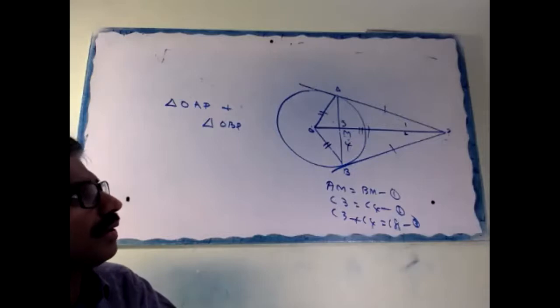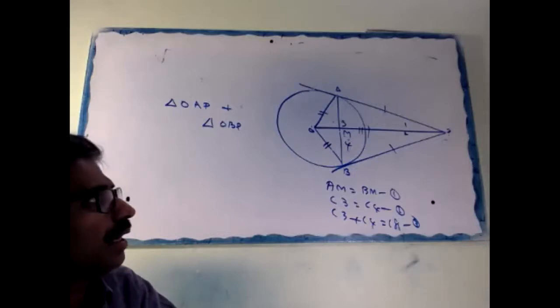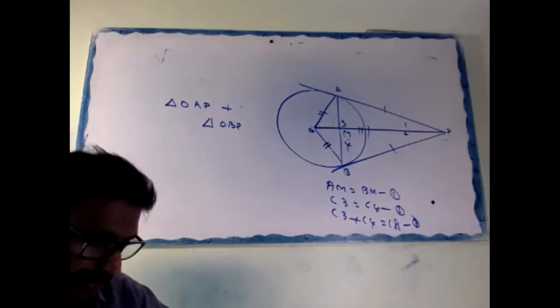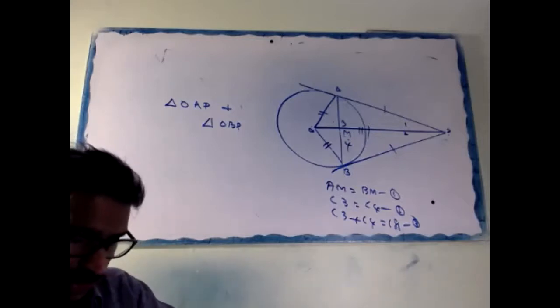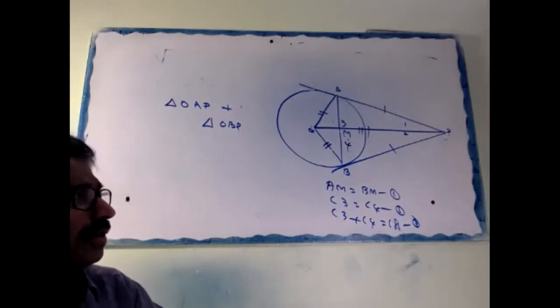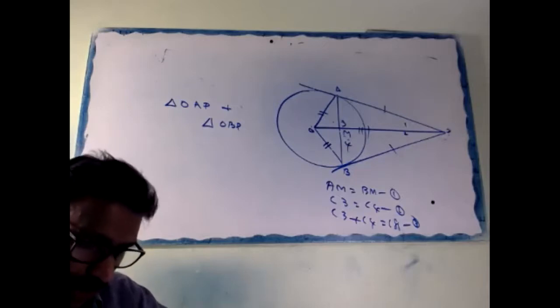Therefore, triangle OAP is congruent to triangle OBP, SSS congruency. Therefore, angle 1 equal to angle 2, CPCT.